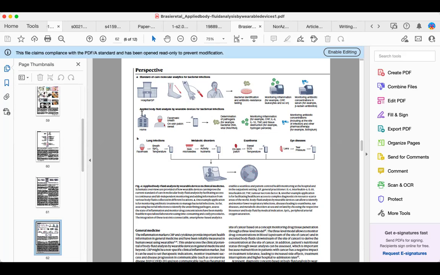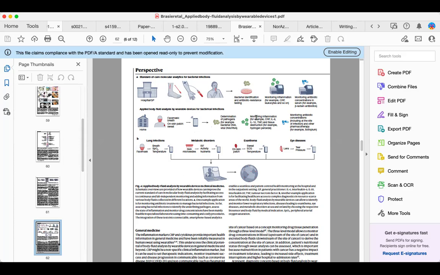Whereas if you have applied body fluid analysis by wearable device, these are the steps that you can do. You can just stay at home, do the protocols at your home, and then you have those AI assisted software to run the analysis, and coming out you have probably the same conclusion as the standard steps above.